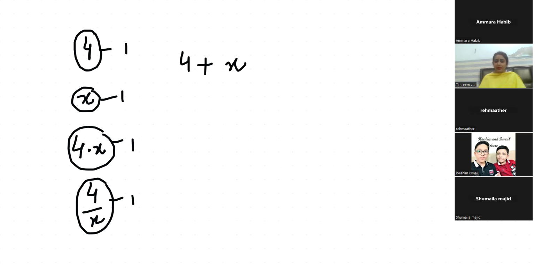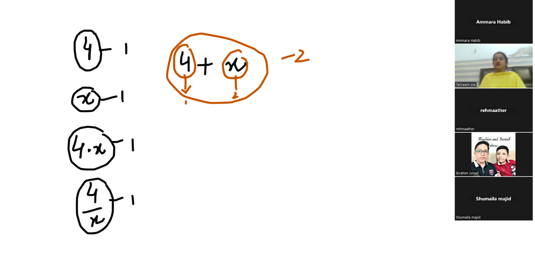So 4 divided by x will be still one term, not 2 terms. But what about 4 plus x? Is it one term or 2 terms? It will be 2 terms. Why? Because this is 1, this is 2. So there are total 2 terms. The sign of addition separates the terms.